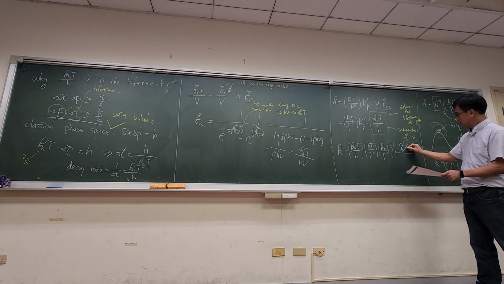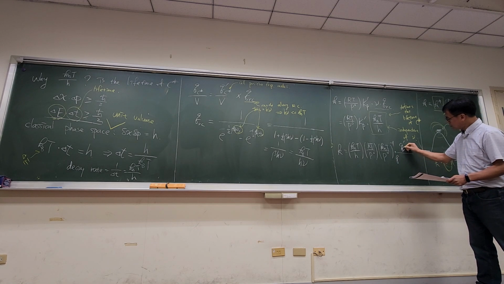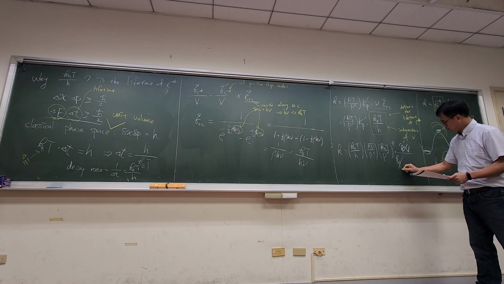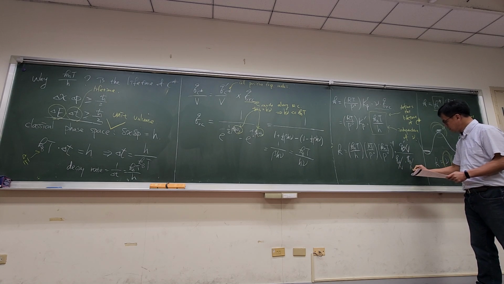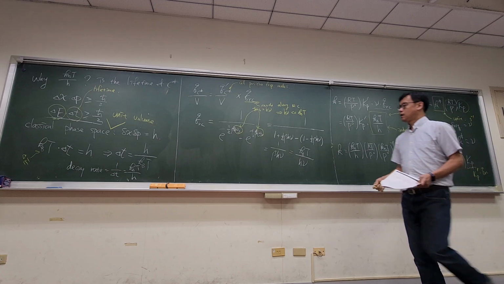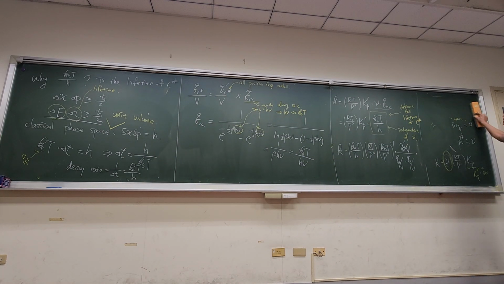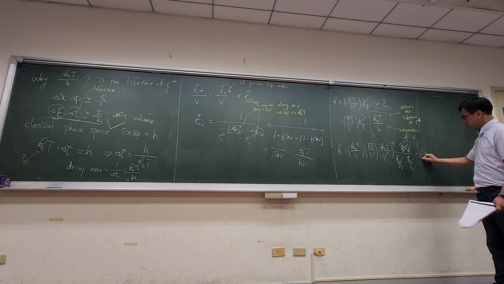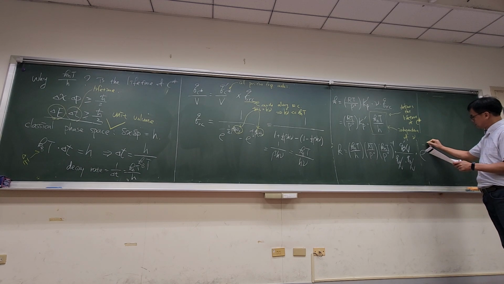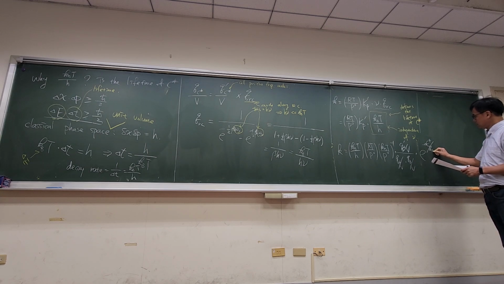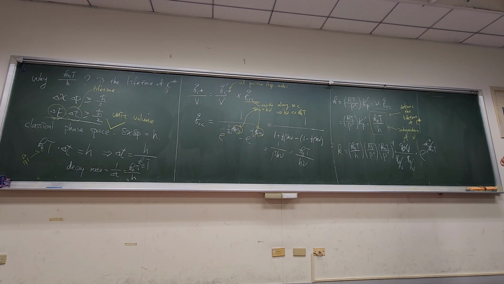Divided by QA, QB, times the Boltzmann factor, exponential minus epsilon 0, the activation energy.